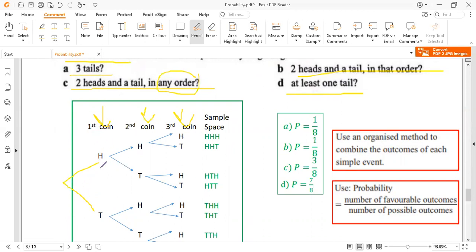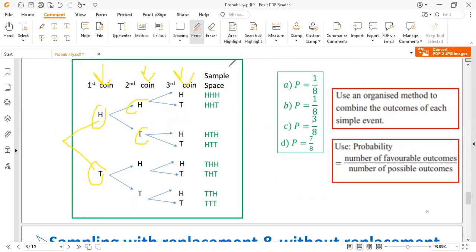In the tree diagram, for the first coin we can obtain head or tail. For the second one, if we obtain a head in the first one, we can obtain head and tail also, and so on. So it is easy to find the sample space. The corresponding sample space is like HHH, HHT in order. HHH, we have a head, a head, and a head as the third one, and so on.